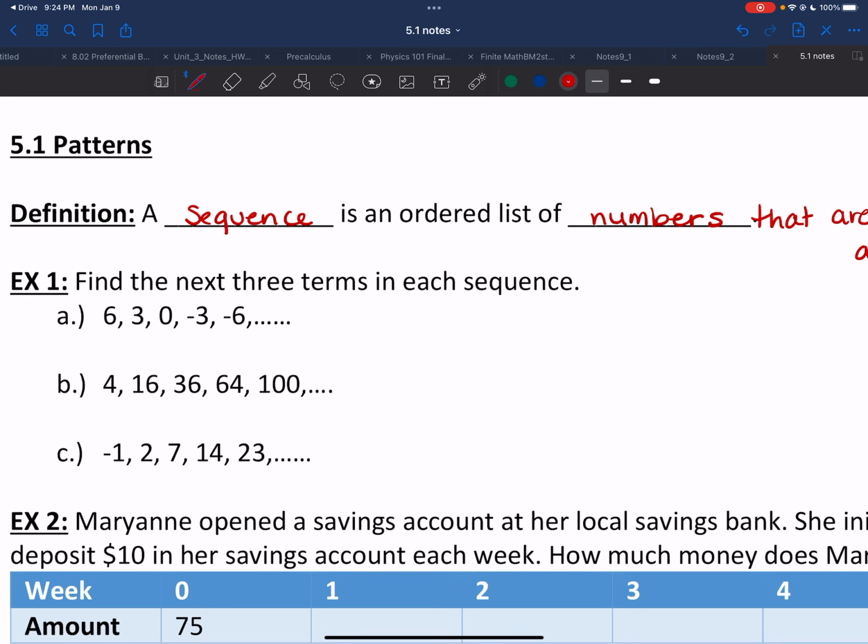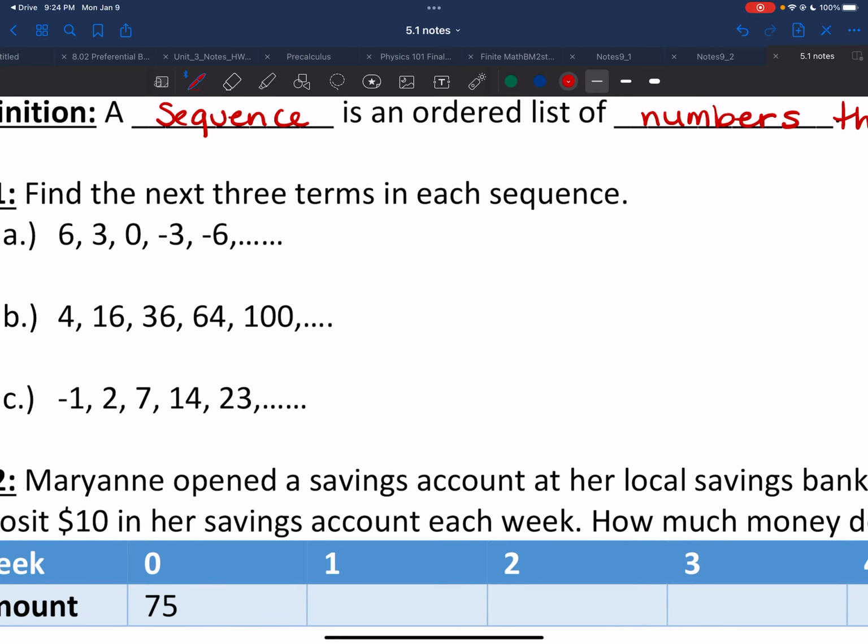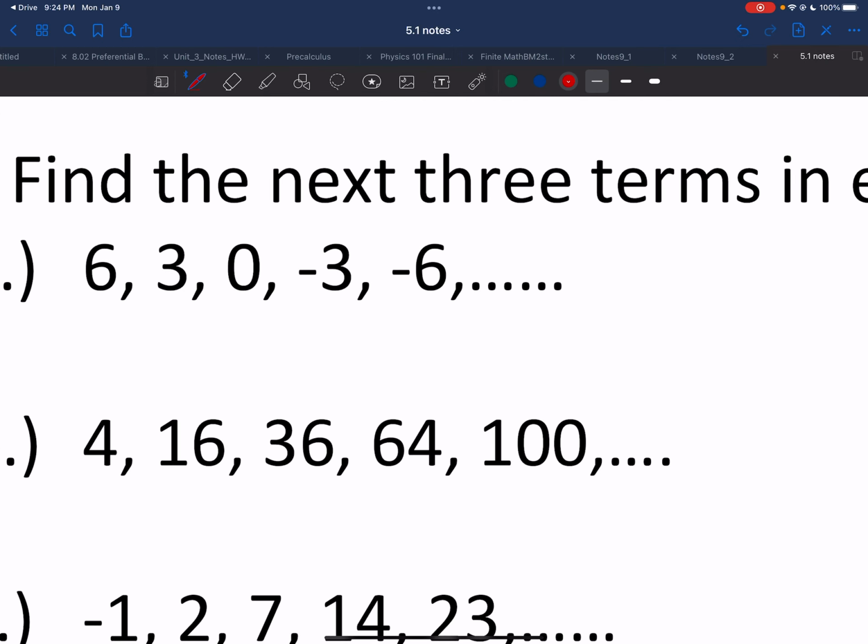So we're going to look at this first one, and we're going to see what happens from when I get from 6 to 3, and from 3 to 0, and from 0 to -3, and -3 to -6, because we have to find the next three terms. All right, let's take a look.